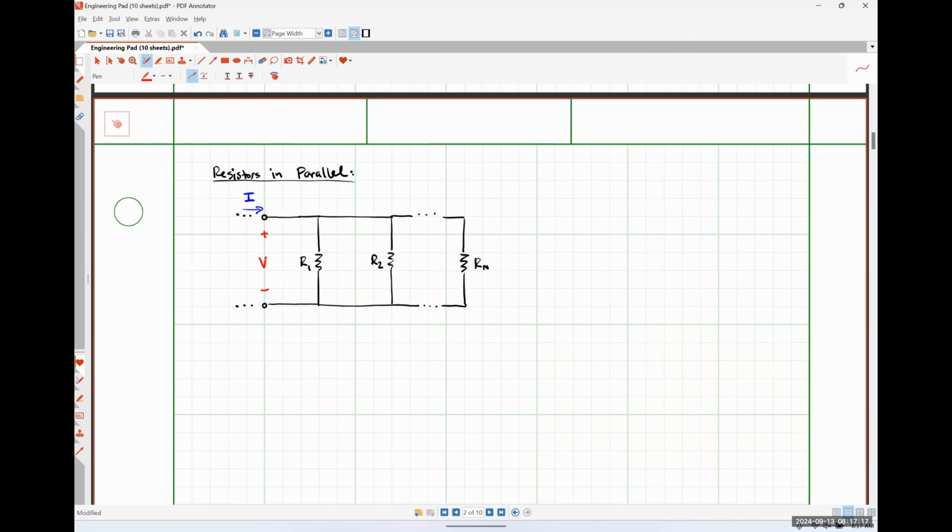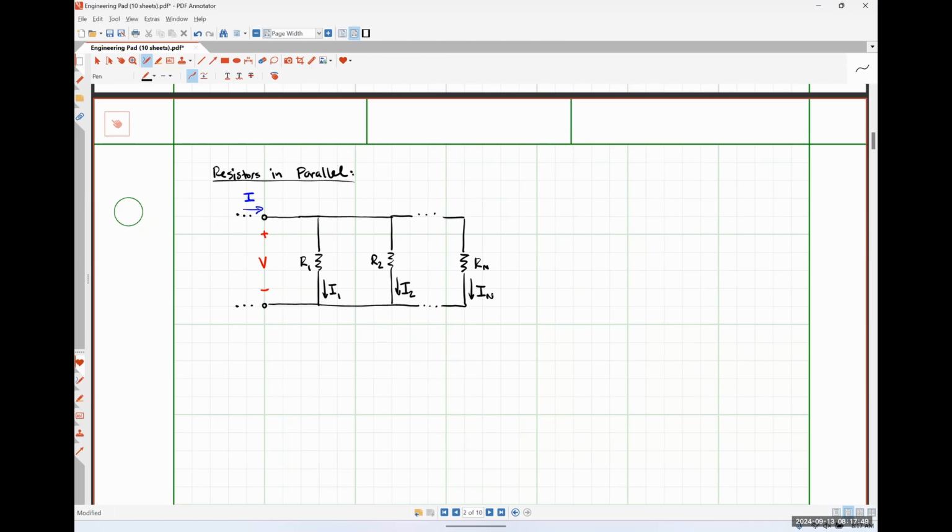So what I'm going to do now is define my resistor currents, and I'm going to have them all pointed down. So we'll have an I1 here, an I2 here, and an I sub n here. And the reason why I chose that direction as down is so that the current is flowing into the positive polarity terminal, so that Ohm's law always gets a plus sign, because once again, I am lazy and I don't want negative signs if I can avoid them.